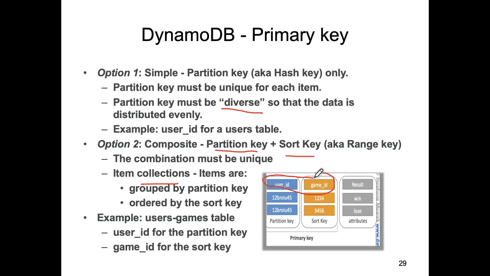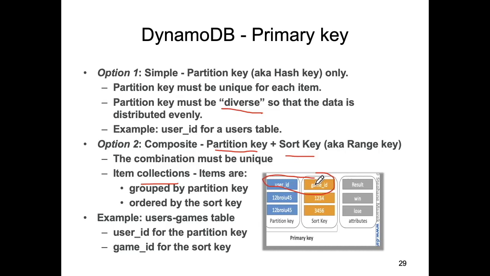And it's guaranteed to be unique, as in, well, we're assuming a user doesn't play a game twice. And even if they do, we just store a different result for them. But that combination will only occur once in our table.